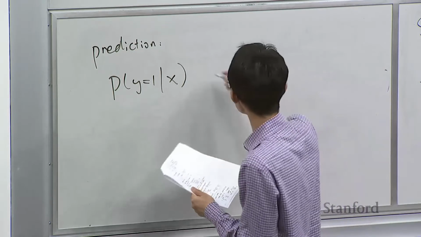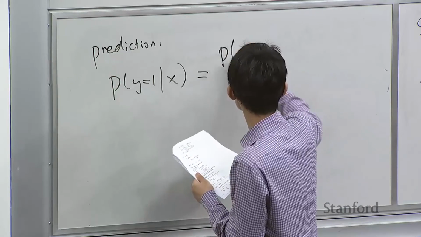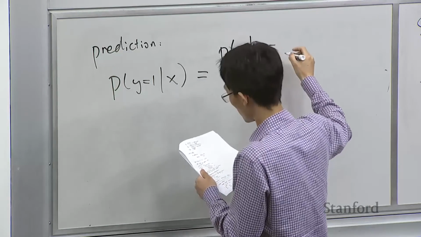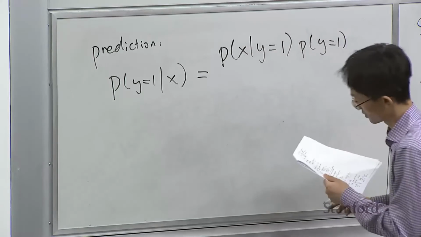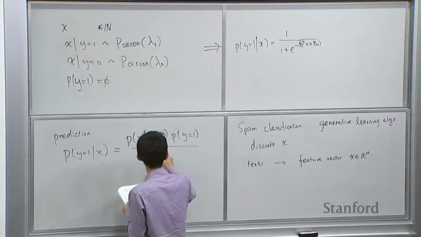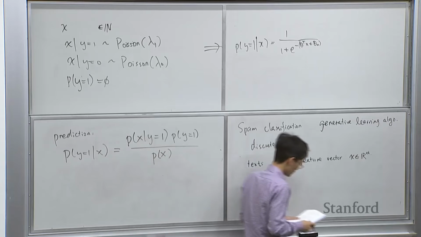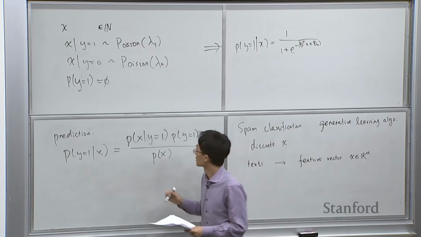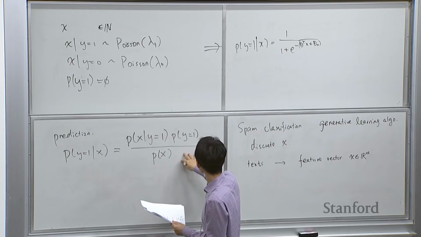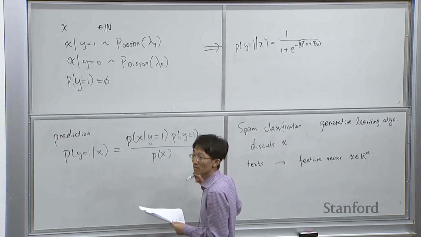And how do we compute this? Again, as in our general methodology, you use the Bayes rule and divide by p of x. So this is still the same. But there is one small caveat here, which is what if you have a 0 divided by 0 situation?